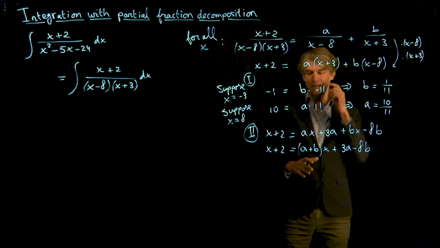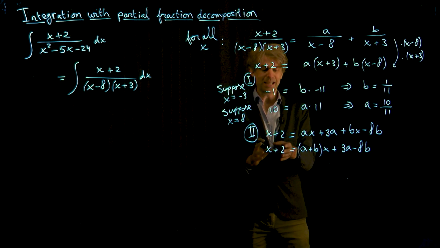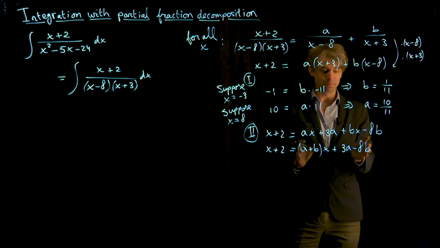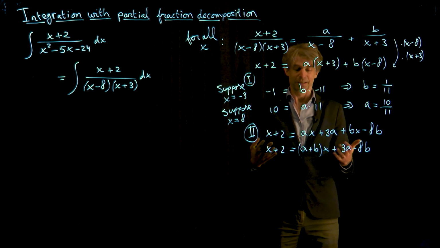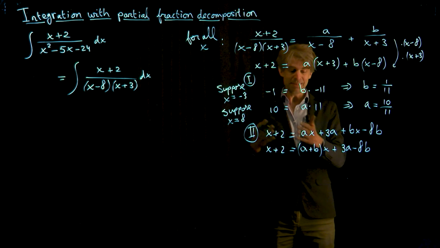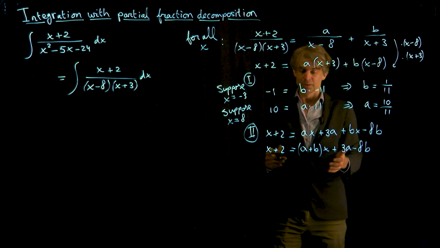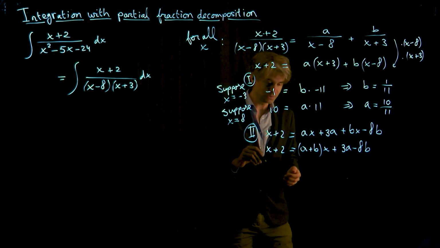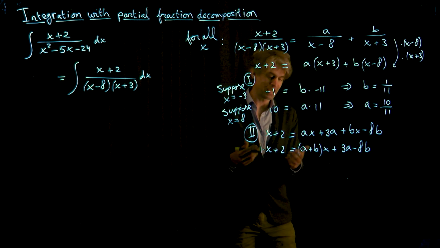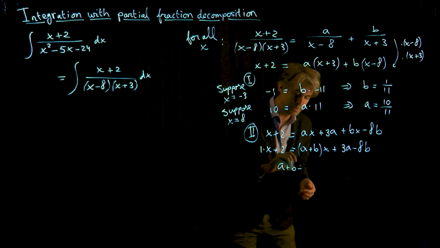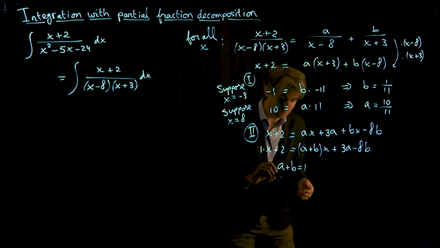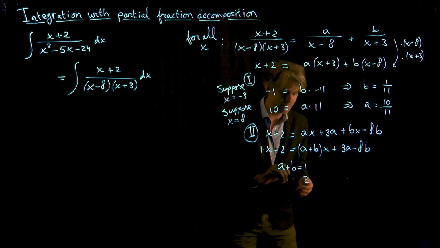Now, geometrically, x plus 2 actually describes a line with slope 1 and y-intercept 2. This also describes a line, and if it's true for all x that these are equal, these should be the same lines. That means that the slope and the intercept should be equal. So from this, I conclude, this should be thought of as 1 times x, right? The slope is 1.